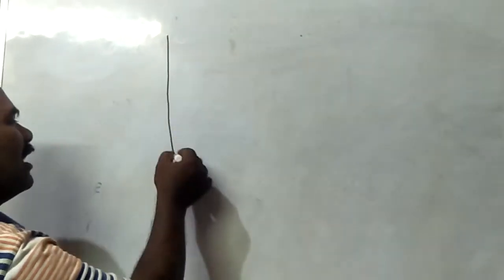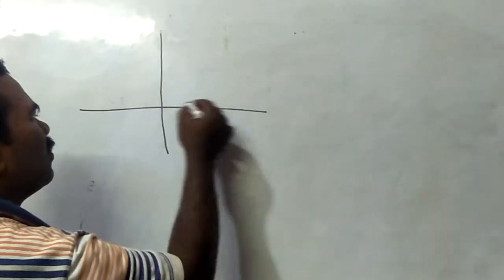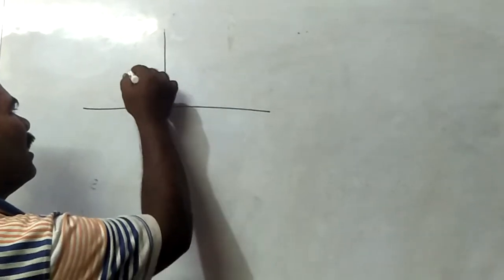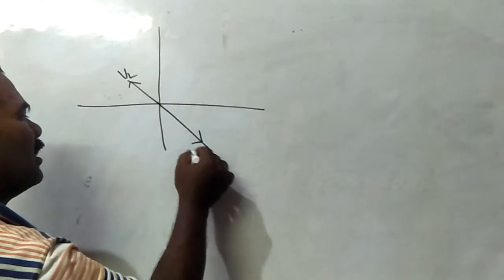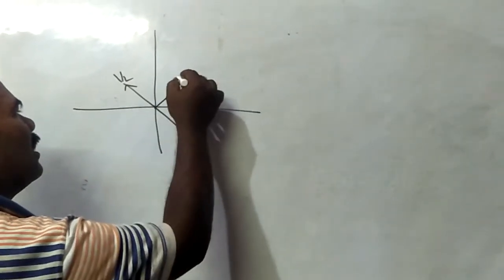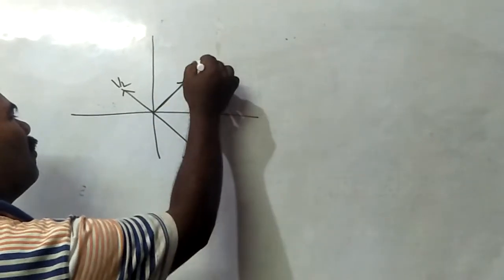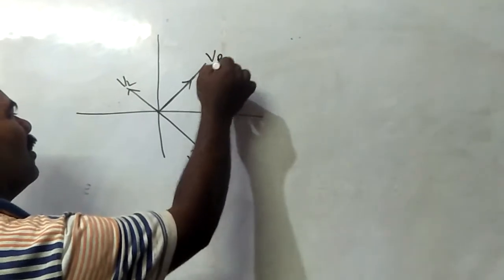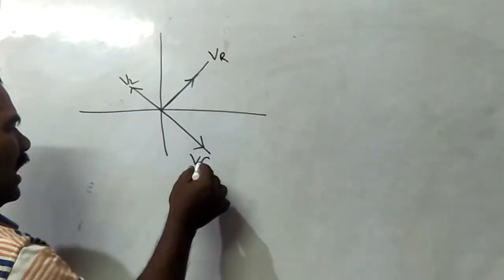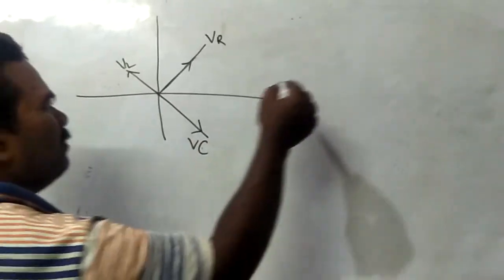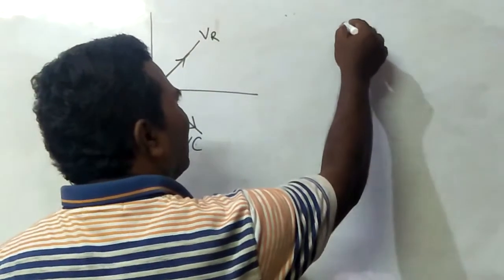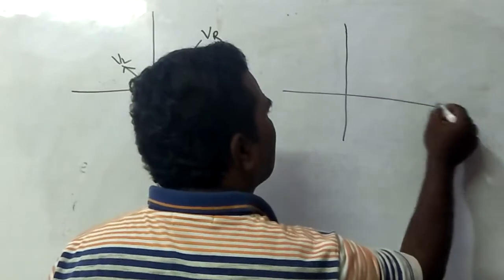We have already drawn this phasor diagram. This is VL, this is VC, this is I and VR. Suppose VC is more and VL is less. If we draw their resultant, the diagram will look like this.